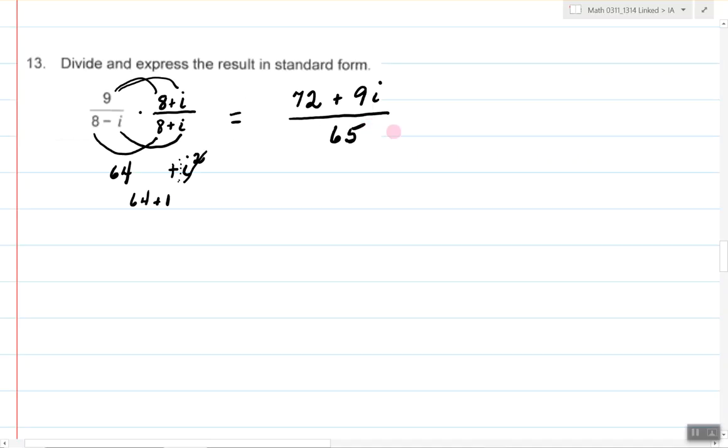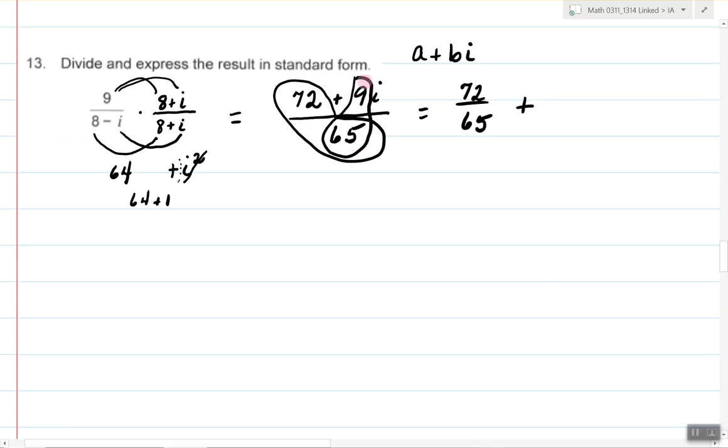Now, on a piece of paper, I would not mind if you left the answer like this, but MyMathLab wants the result in standard form. Standard form is a plus bi. So to do that, the a part is this fraction, 72 over 65, plus the imaginary part is this fraction, 9 over 65 times i.